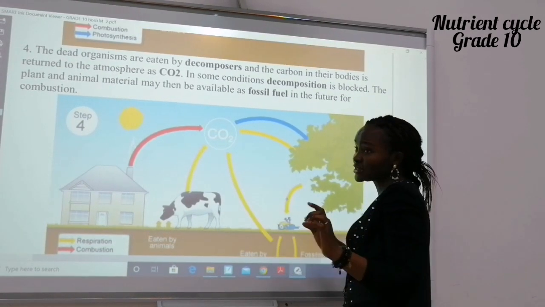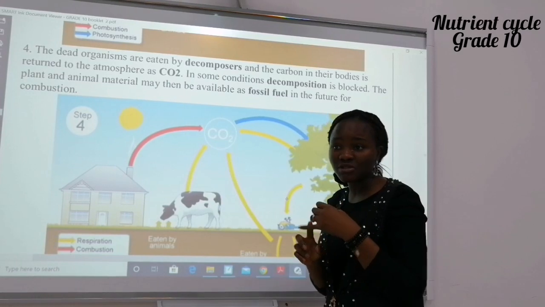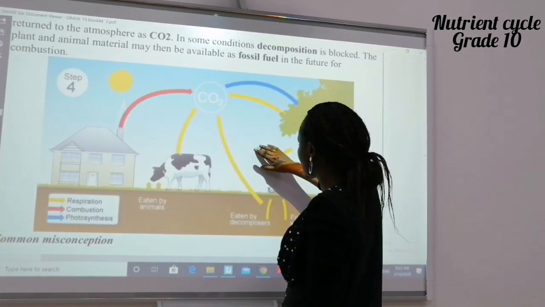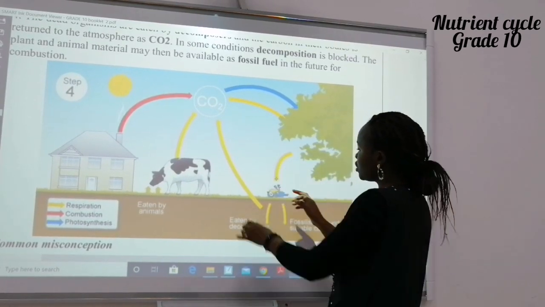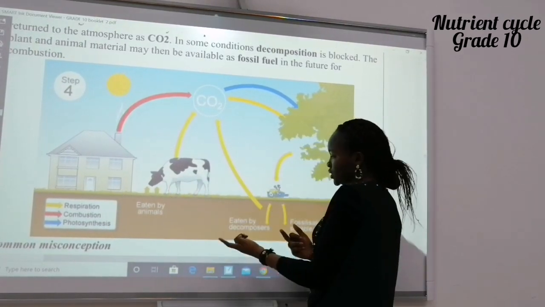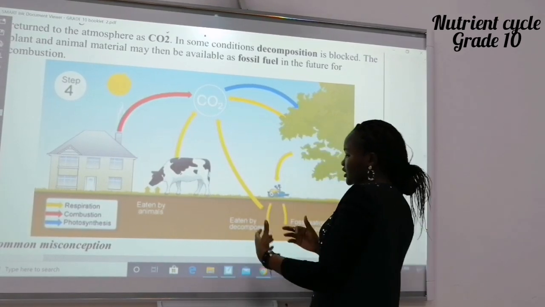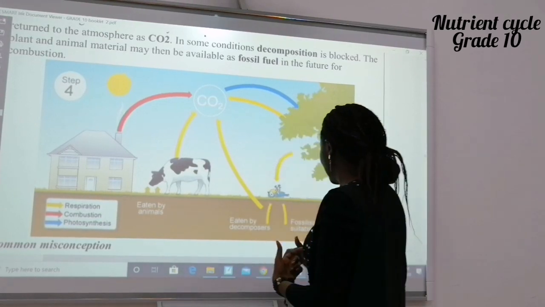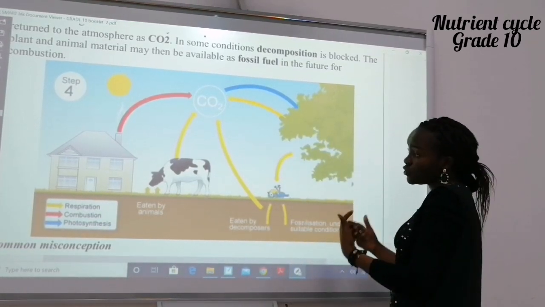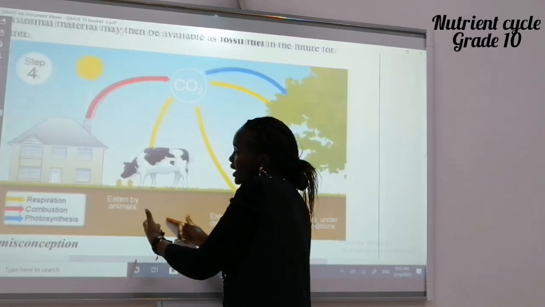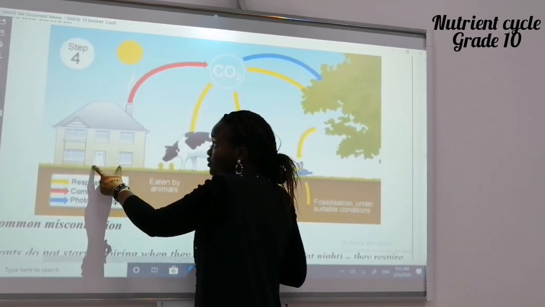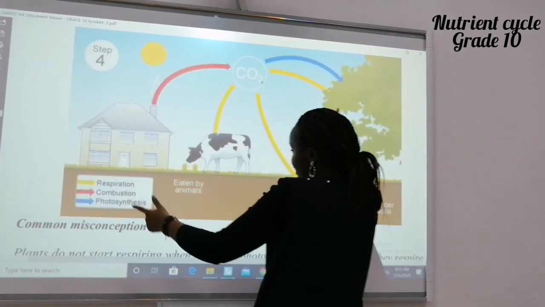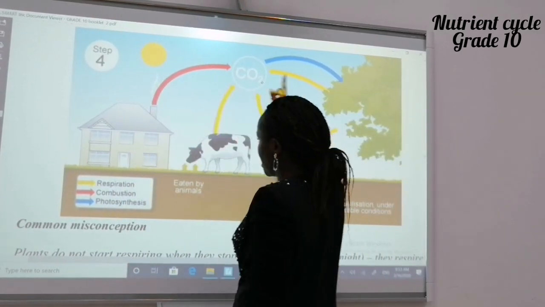In the last class we said decomposers are organisms that feed on dead waste or dead organic matter. That is the process called decomposition. Then fossils are formed, and they go back into the factory as fossil fuels and will be burnt again, and the process starts round and round again.